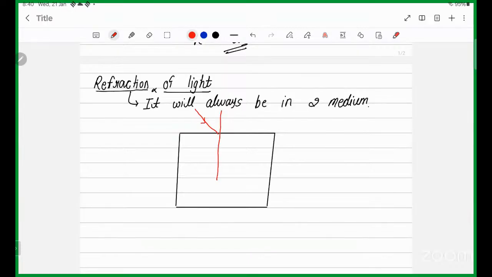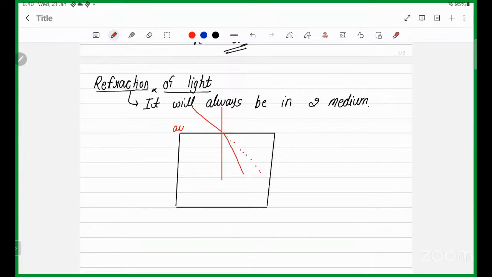This is basically the normal. The ray should go straight, but it will not go like this. It will bend because there is a change in medium.